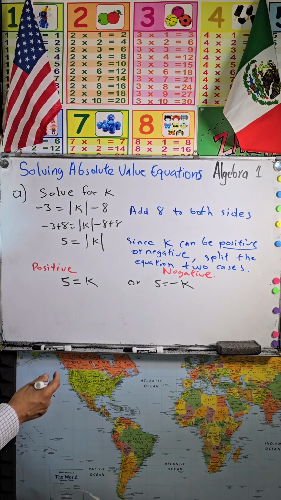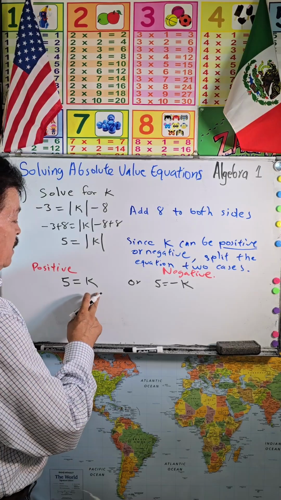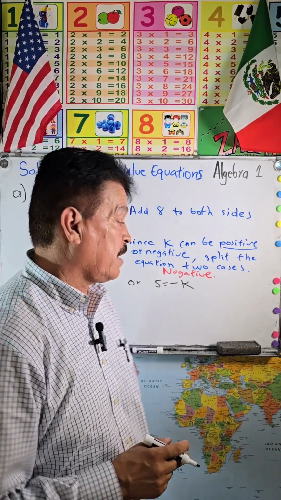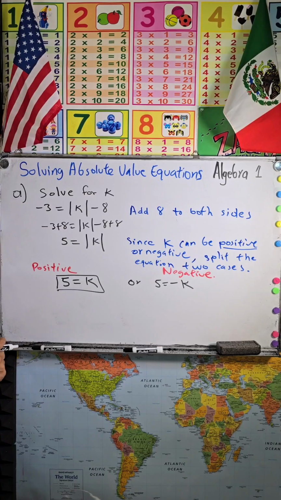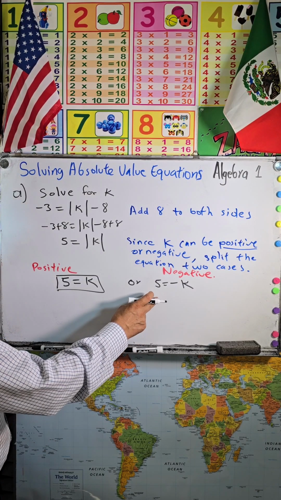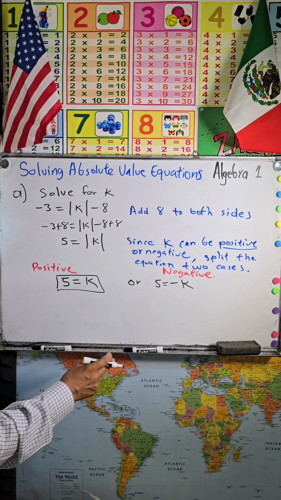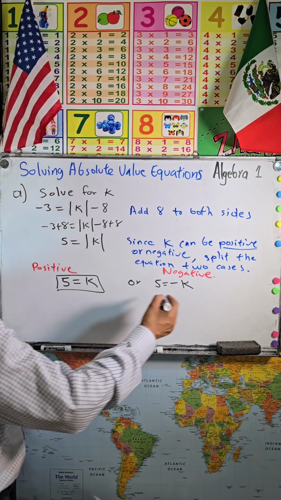See, the positive case is already solved. You have the answer right there. So we have to solve the negative case. Multiply both sides by -1.